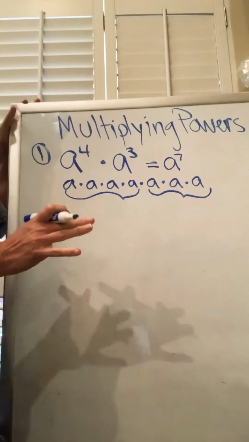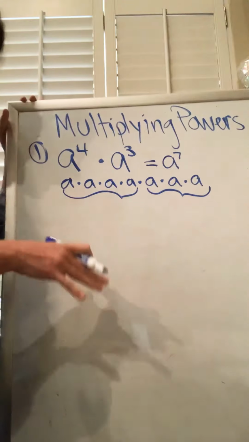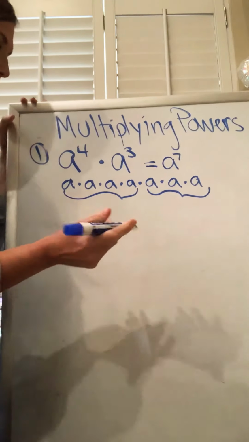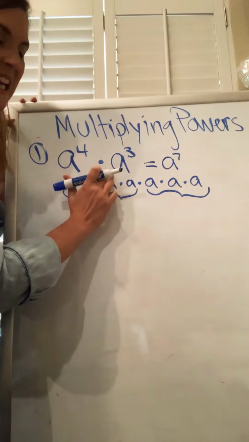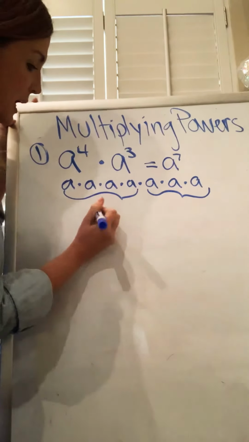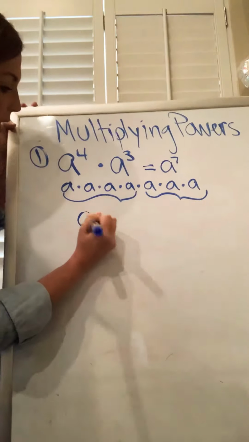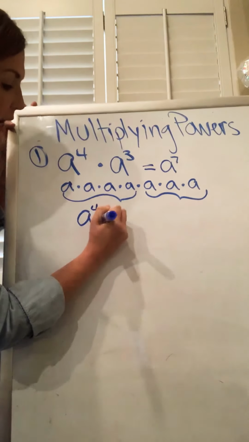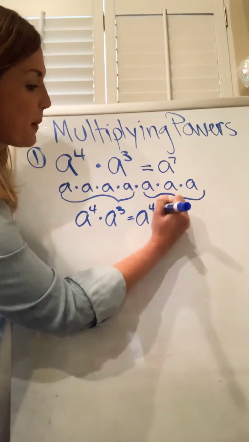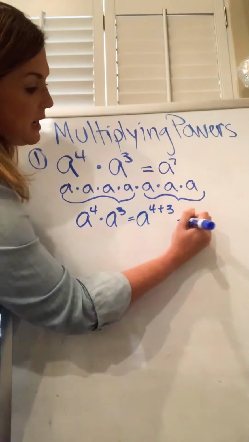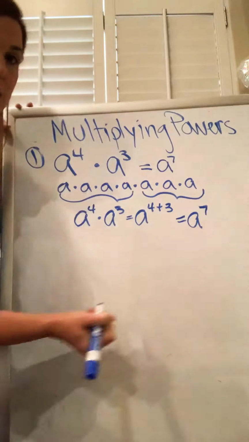The product of a power rule says that if the base is the same, we can simply add our exponents. So a to the fourth times a to the third is a to the fourth plus 3, and that's how I get a to the 7th.